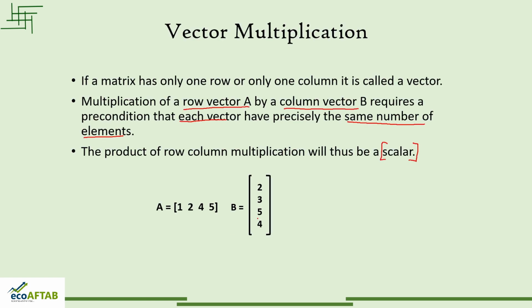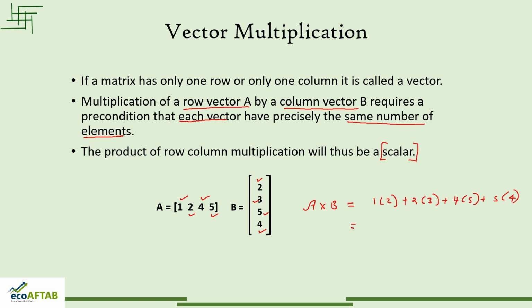So see here, A multiplied by B. So 1 multiplied by 2, plus 2 multiplied by 3, plus 4 multiplied by 5, plus 5 multiplied by 4.